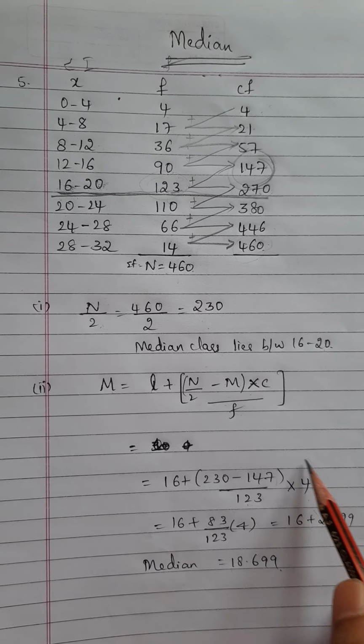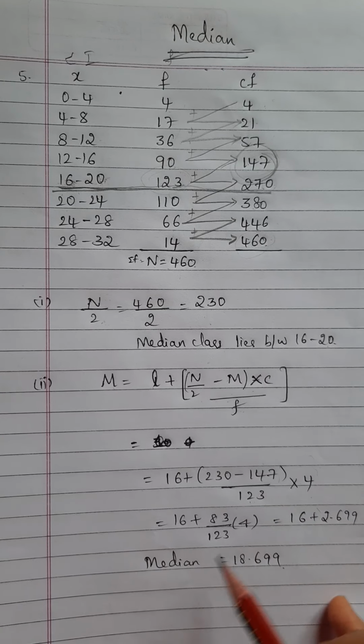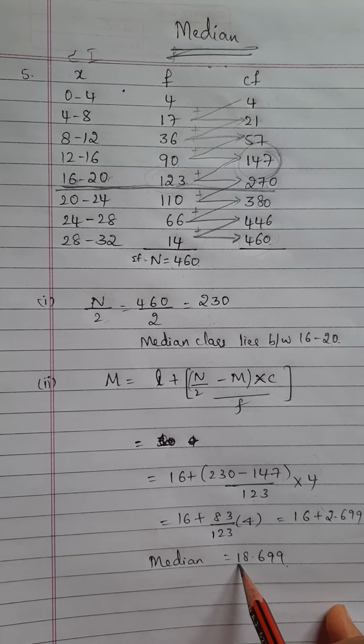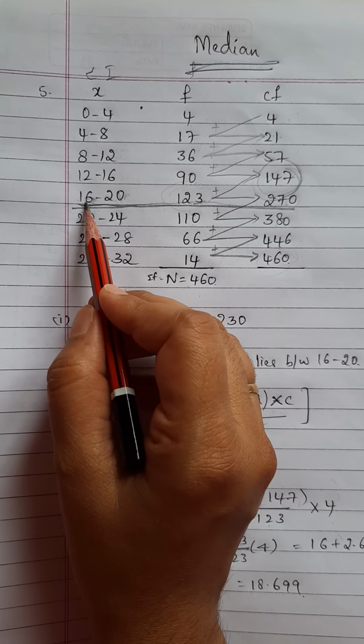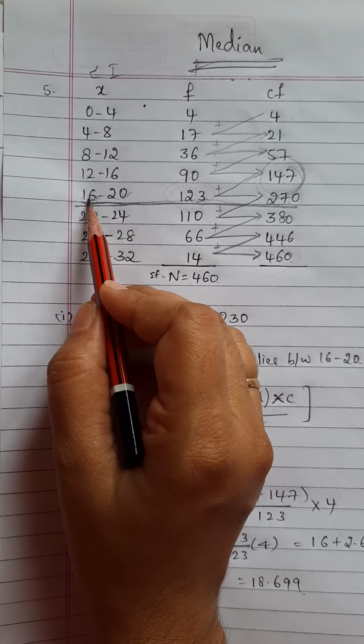If I simplify all these values in my calculator, I'll get the median value as 18.699, which lies between the median class 16 to 20.